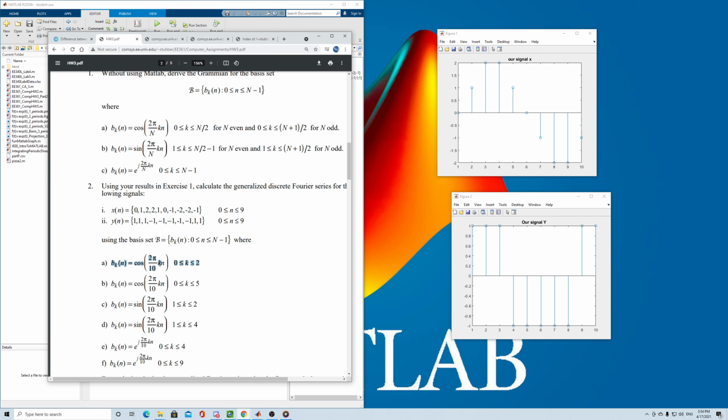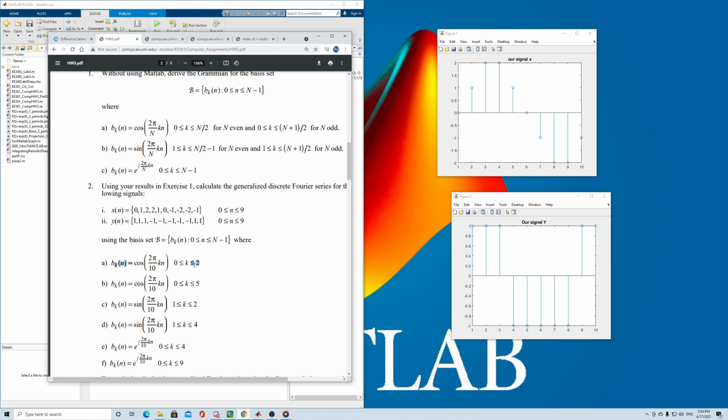This cosine right here, if you use a basis function that's a cosine onto a sine, you're never going to get an alpha unless it's complex. They'll force this cosine to look like a sine.